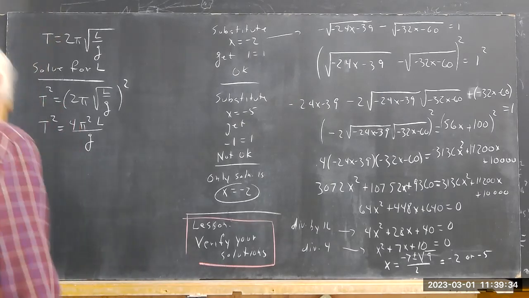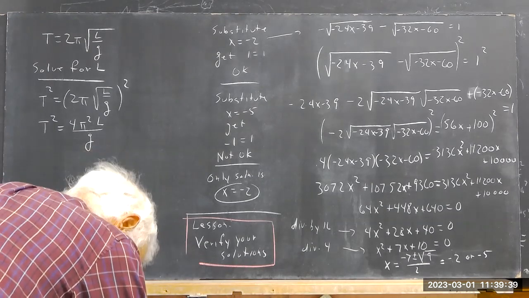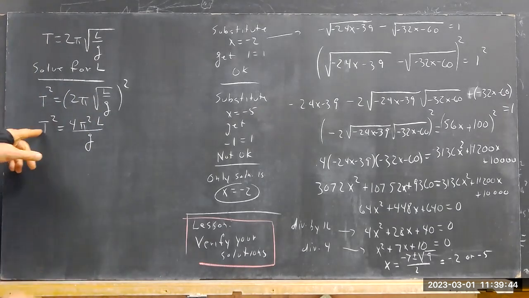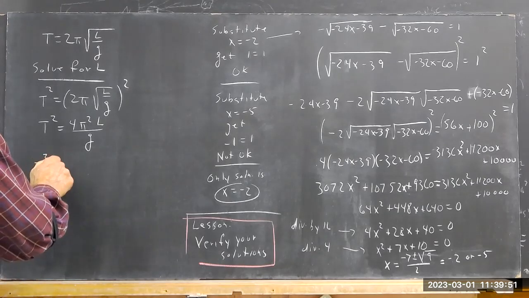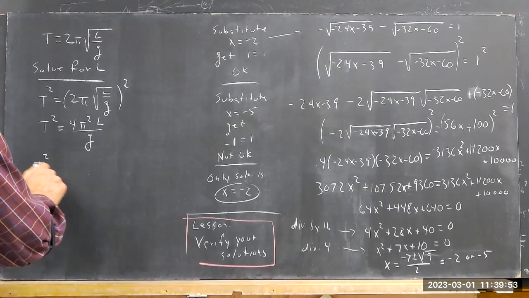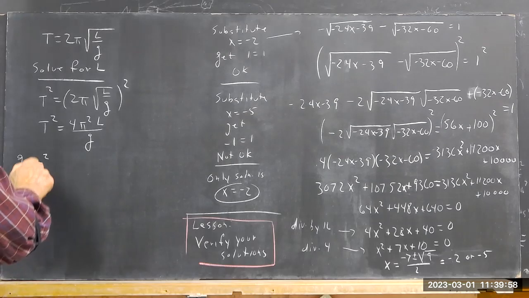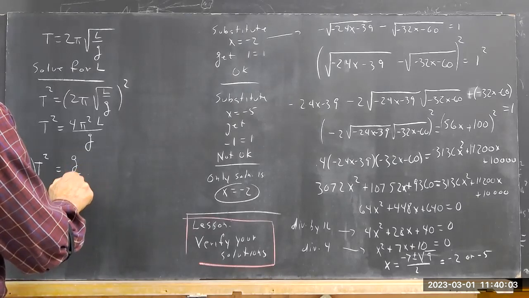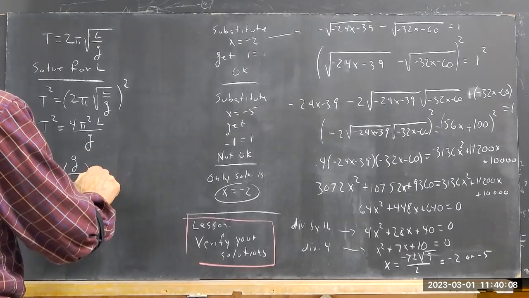Then we're going to solve for L. So what we can do is multiply both sides by G over 4 pi squared.